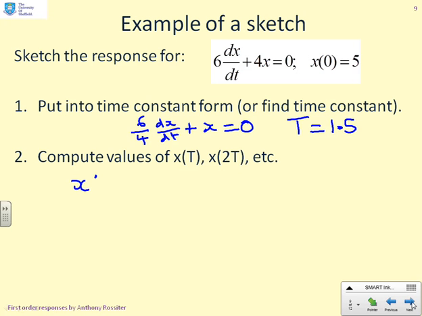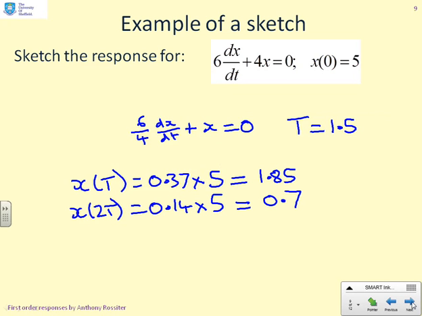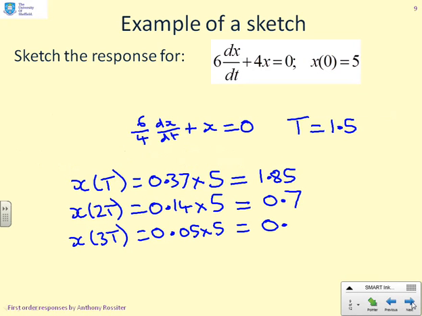Okay? Right, next, compute the values of x of T, x of 2T, and so on. So what I've got is x of T equals 0.37 times 5. Now I'm going to do this in my head, so I'll probably get it wrong, but I think that's about 1.85. x of 2T equals 0.14 times 5, which is going to be 0.7. x of 3T equals 0.05 times 5, which is 0.25.